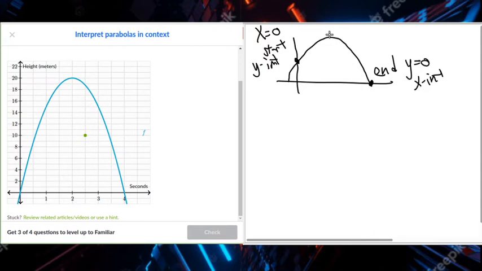The other questions they're going to have is like, when was that at its highest point, or what was its highest point? So highest or lowest, if it opens up, they'll be asking lowest. Highest point, and that is y, and then when, what time, or where at the highest point.